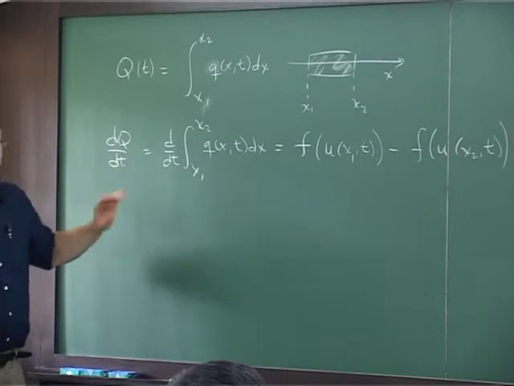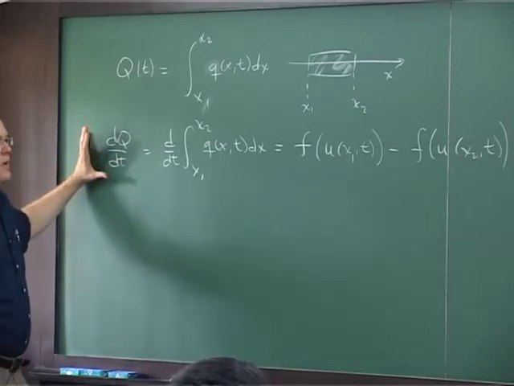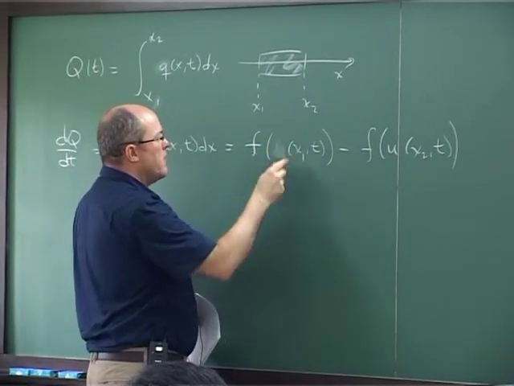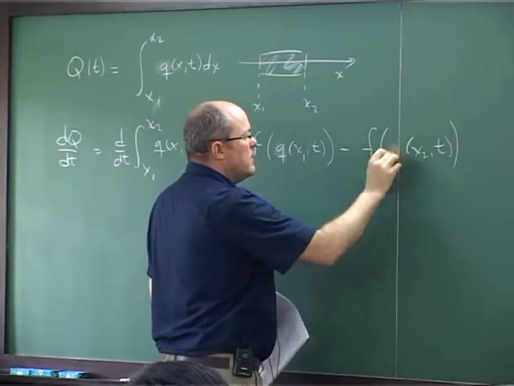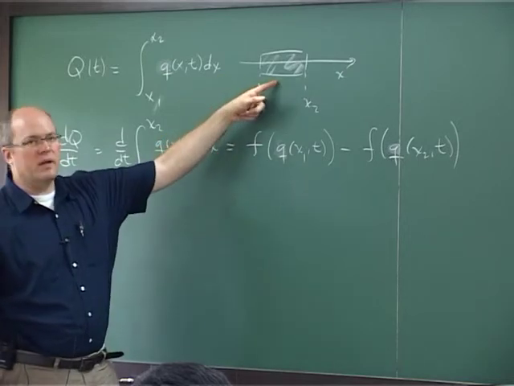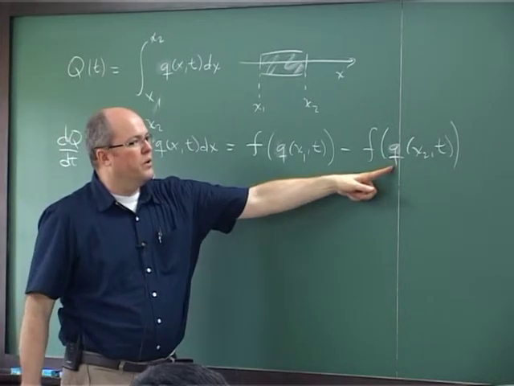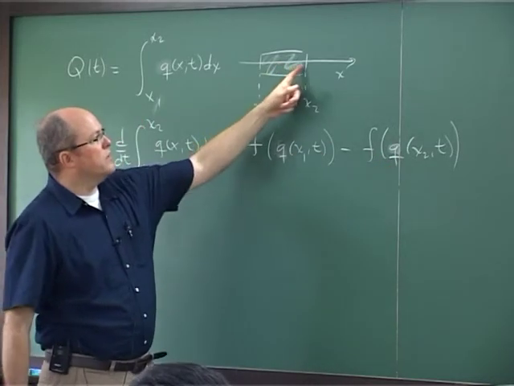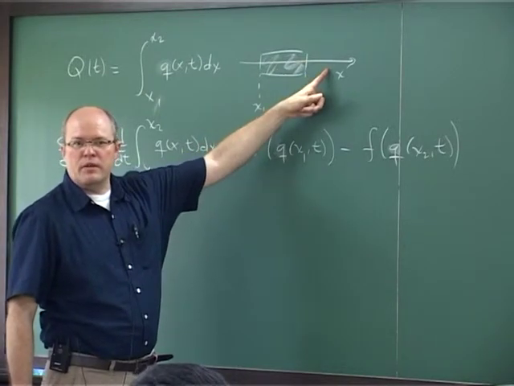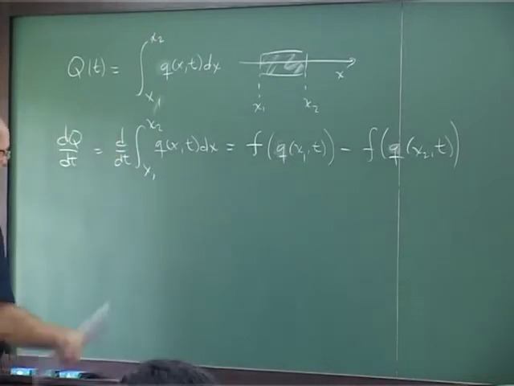This tells me the total quantity Q that's in my box can change in time if I have a flux. Oops, I wrote these with U's, I meant Q, sorry. If I have a flux of Q that comes in from the left, it will increase. And if I have a flux of Q that is moving to the right out of the box, then it leaves the box, and so I have the minus sign there. So that's my flux function.